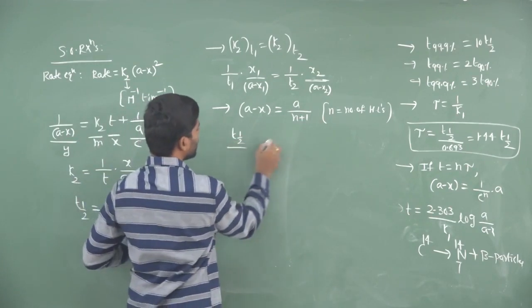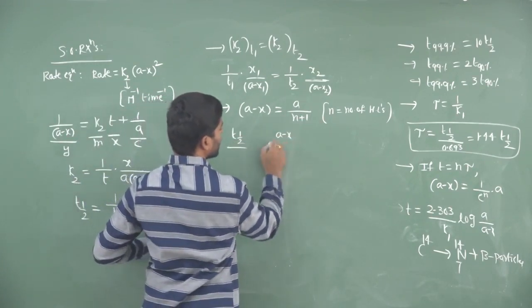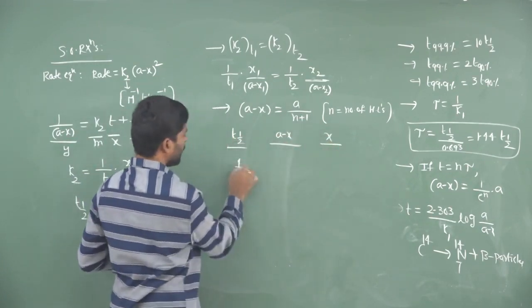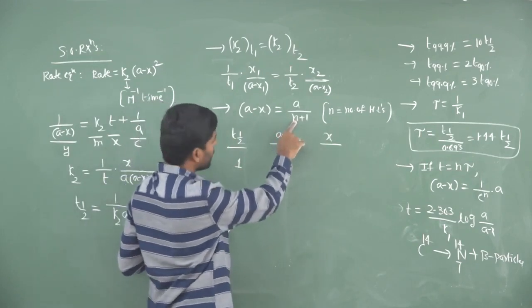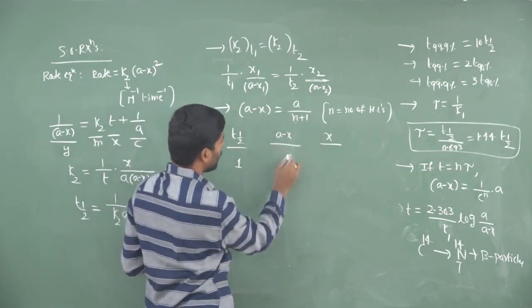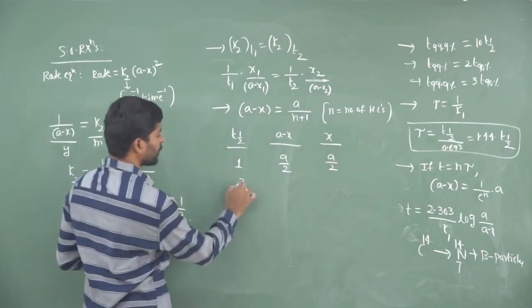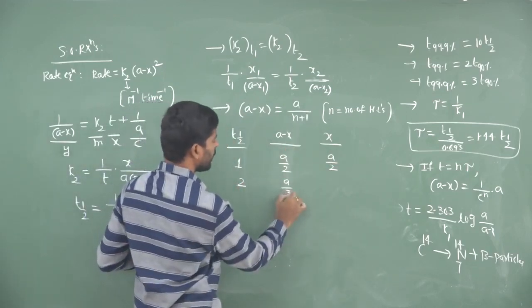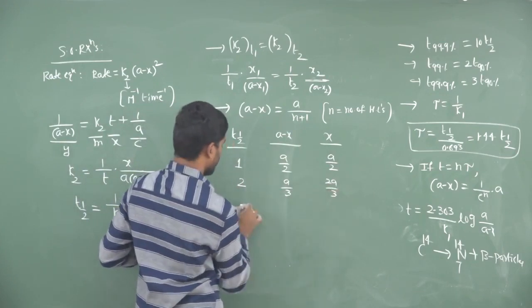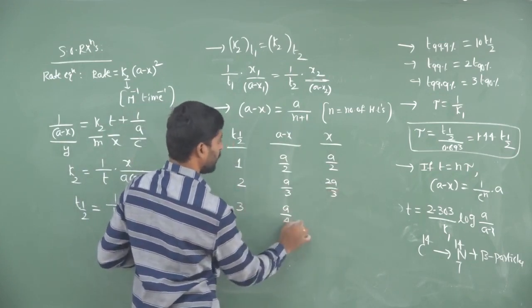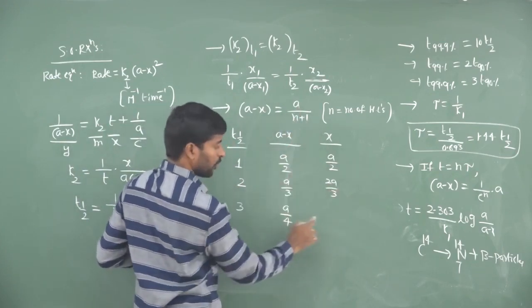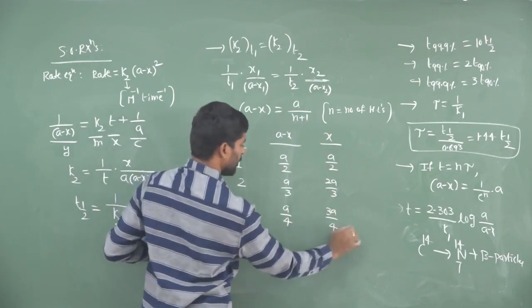So if you see the relation between number of half lives, A minus x and x. If you take one half life, if you substitute n as 1, what do we get? A by 2 remaining, completed also A by 2. If you substitute 2, A by 3 remaining, 2A by 3 completed. If you substitute 3, A by 4, that is A by 3 plus 1, remaining, completed is 3A by 4.